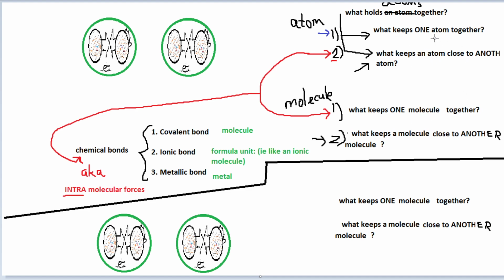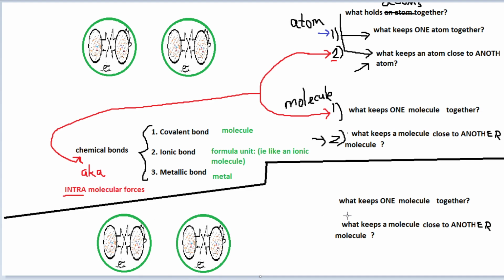This first set of questions is about atoms, and when you put atoms together, you get molecules. So that's what the next set of questions are about. And when you put molecules together, that is what the next set of questions will be about. It will be about what happens when you put these things together.